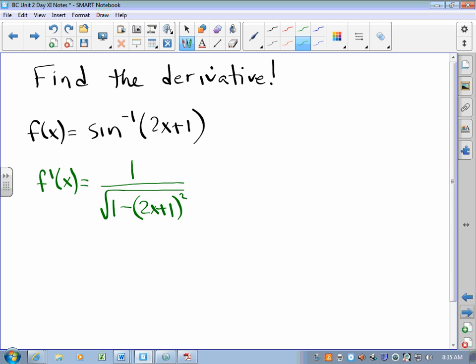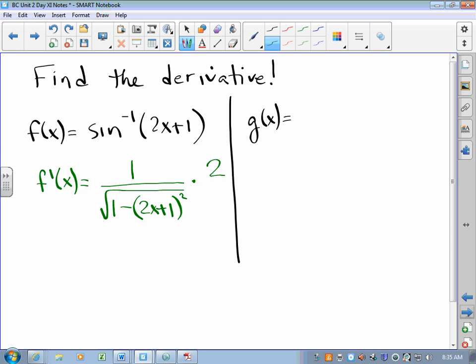And that's fine if I multiply by the derivative of the innermost function. This is chain rule at its most basic. The derivative of the inverse sine of something is 1 over radical 1 minus something squared. But then we multiply by the derivative of that inner function. And it's okay to leave the answer that way, because that's the way it's going to pop up in the choices.